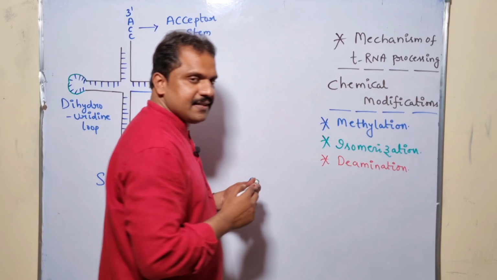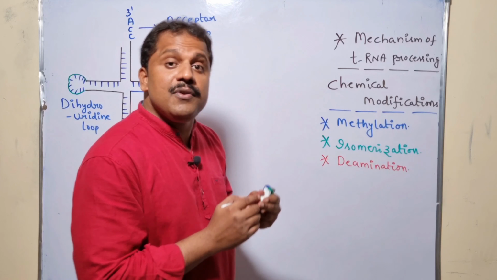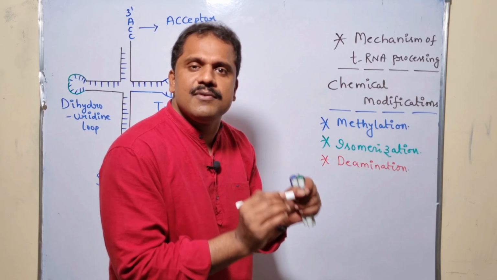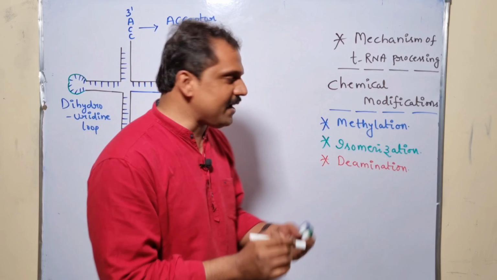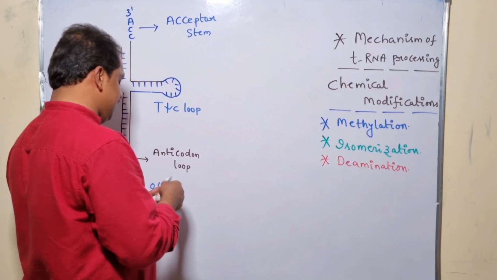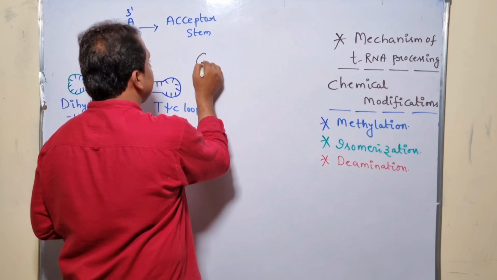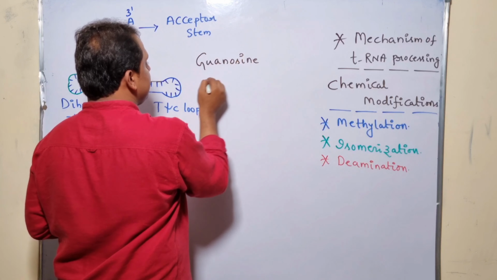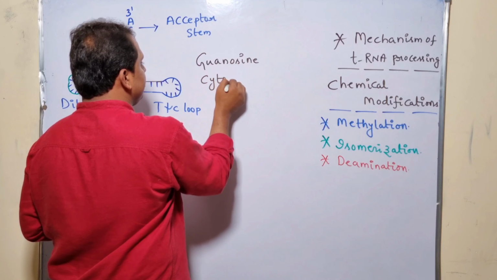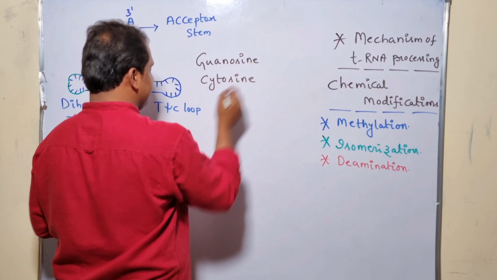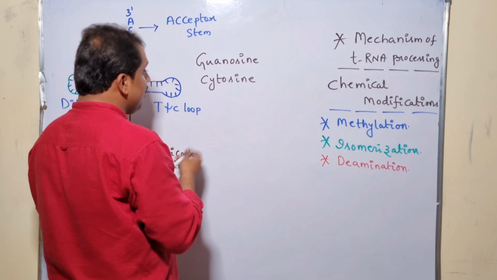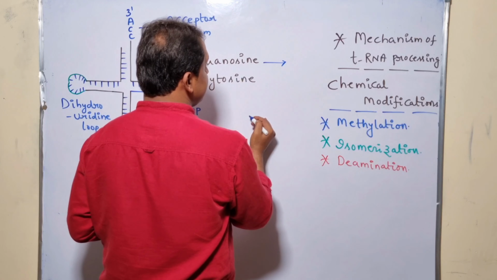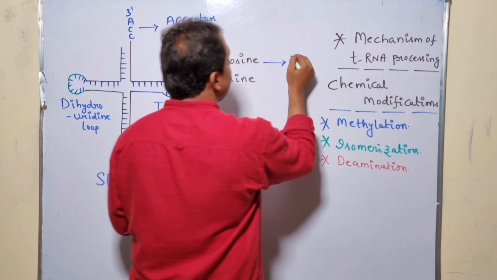So what is methylation? As the name itself suggests, during methylation, a methyl group is recruited to the nitrogenous base. So if we consider guanosine and cytosine, when guanosine undergoes methylation, it leads to the formation of what?